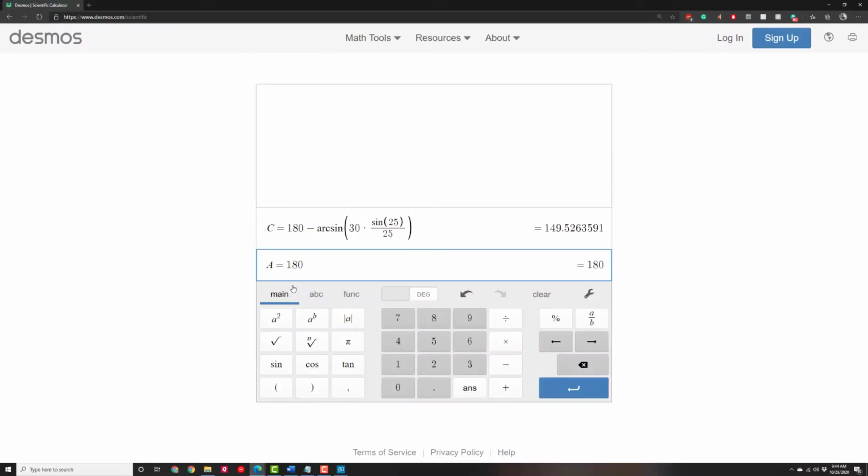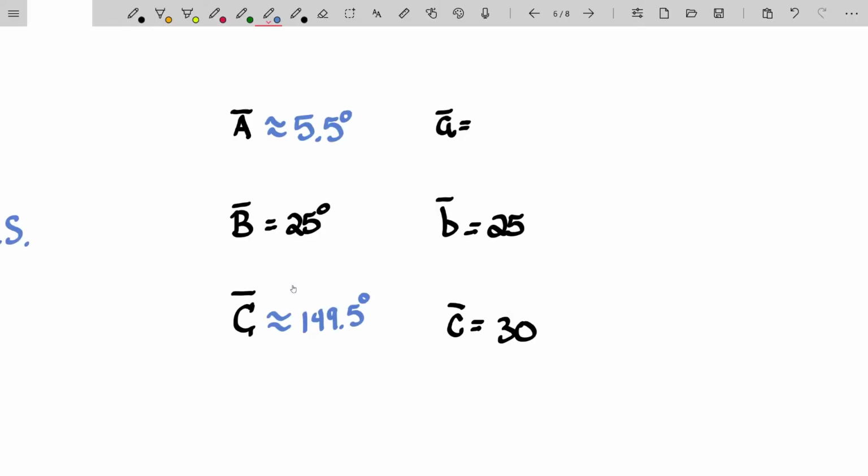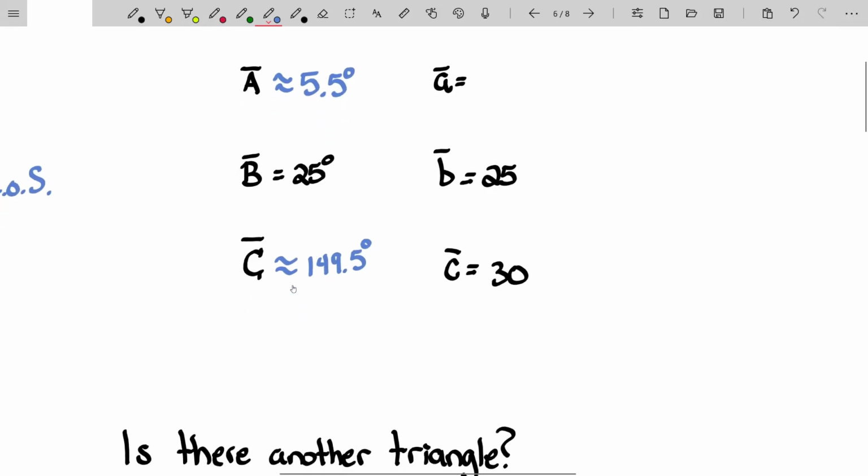I just say angle A is 180 minus the 25 degree angle for B minus the angle C we just computed. And that gives me rounded 5.5 degrees. But again, that is totally rounded, so I do not want to just type in 5.5 degrees for any other computations. I'm going to use that saved value of A. So again, I'm just showing you a streamlined workflow.